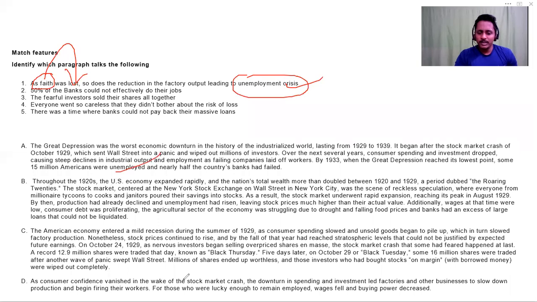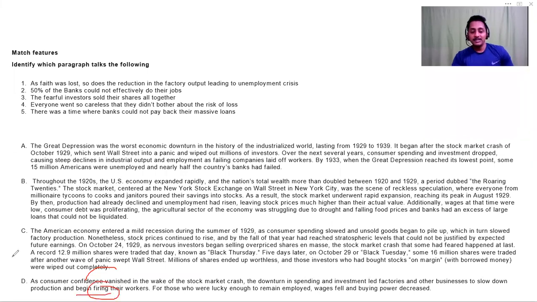Unemployment crisis, unemployed. Here, complete unemployment has been told. Sorry, not there. 'As confidence vanished, the downturn in spending led businesses to slow down production and begin firing the workers.' Here also, in C also, in B also, in A also, unemployment has been mentioned.